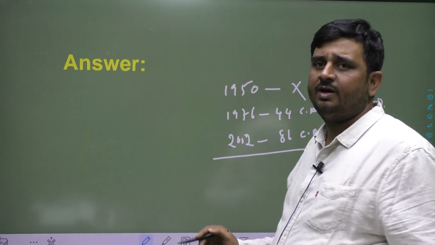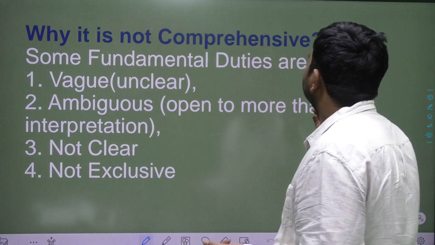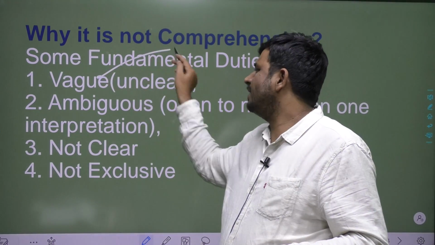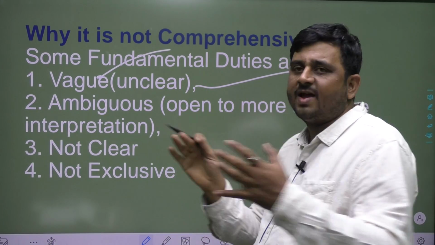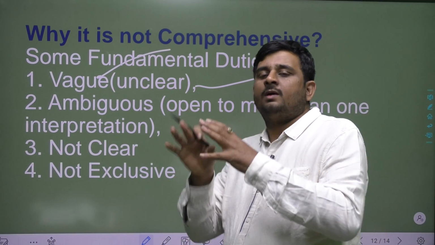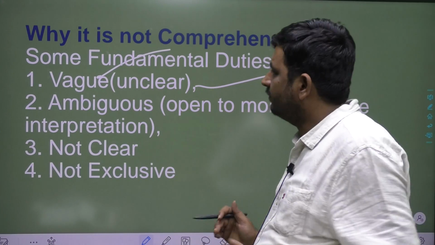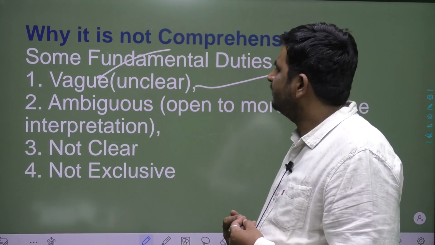Total 11 fundamental duties are there. So, why is it not comprehensive? Some fundamental duties are vague. Vague means not clear. The scope is very vast, but at the same time, we can't say it is so and so. It is vague. For example, how can we say what is Indian culture?